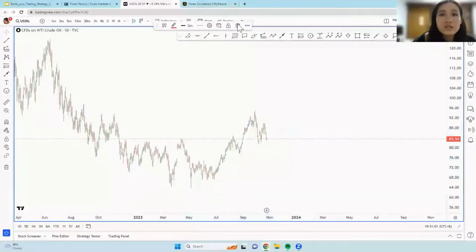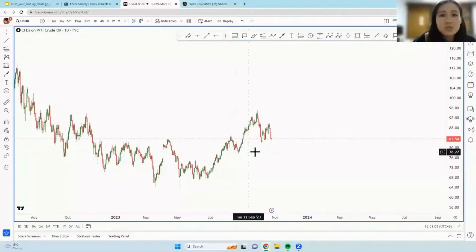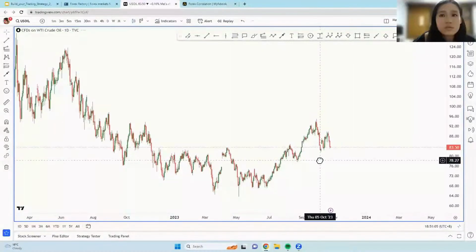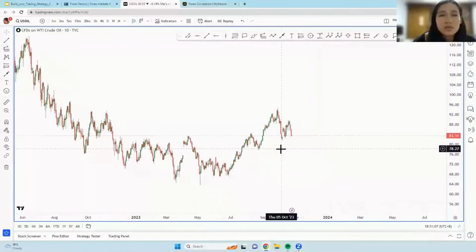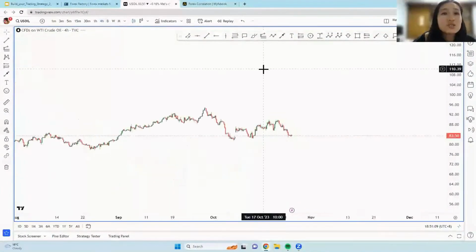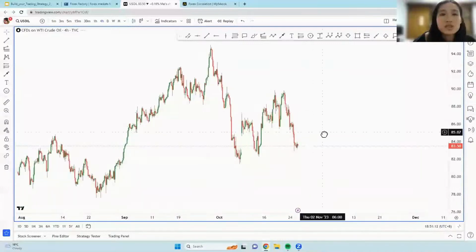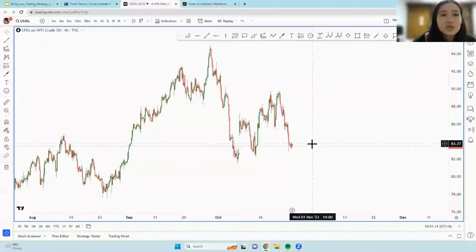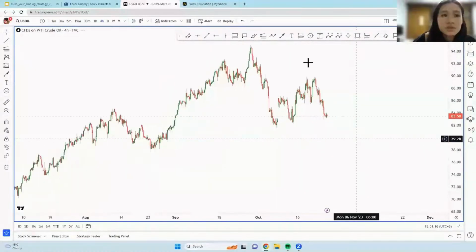No trend line, but also pretty bullish if we just look at the trend alone. But here it is pretty bearish.